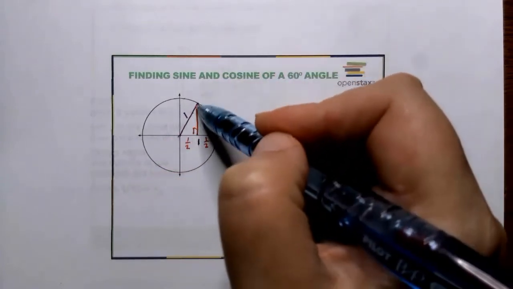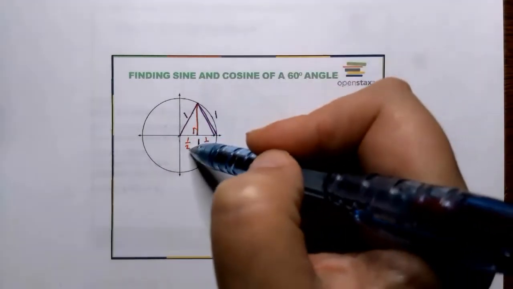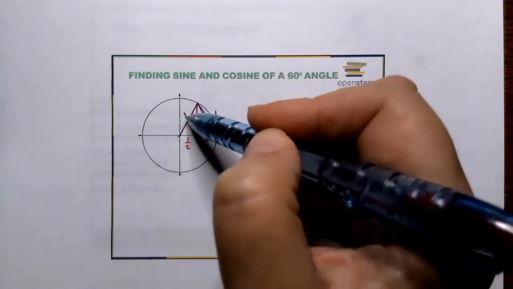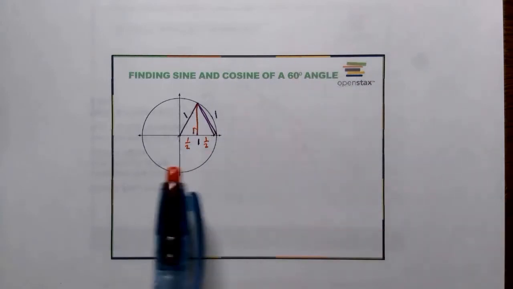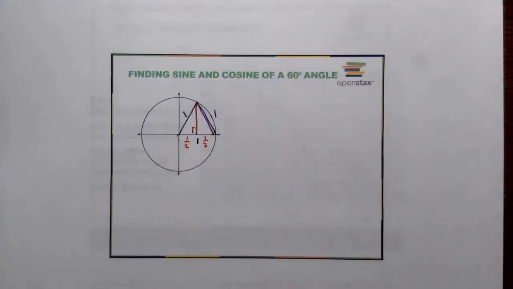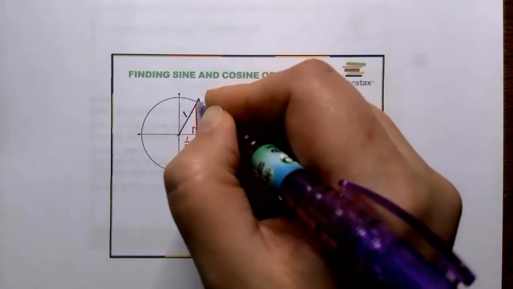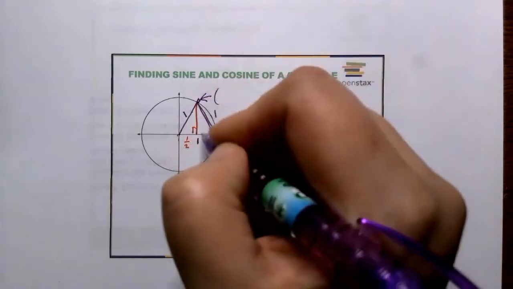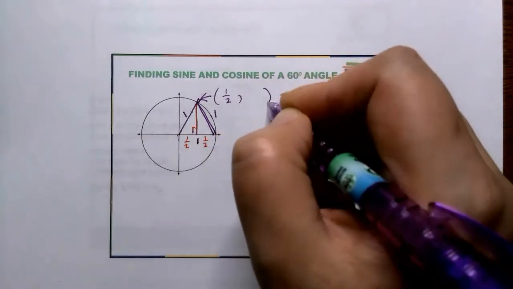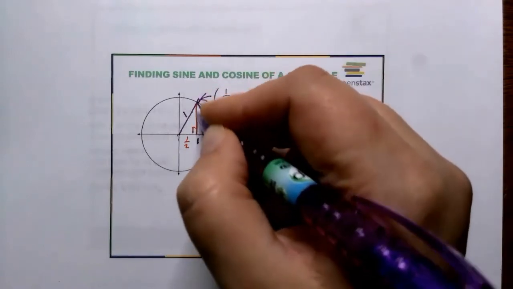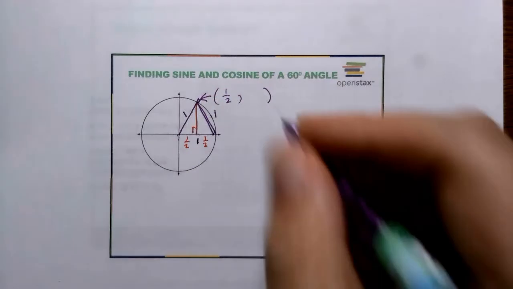So when you look at this triangle right here, you know that one side is 1/2, another side is 1. So first of all, we know that the x-coordinate of this point right here is actually 1/2. Let's find the y-coordinate, which corresponds to the length of this side.